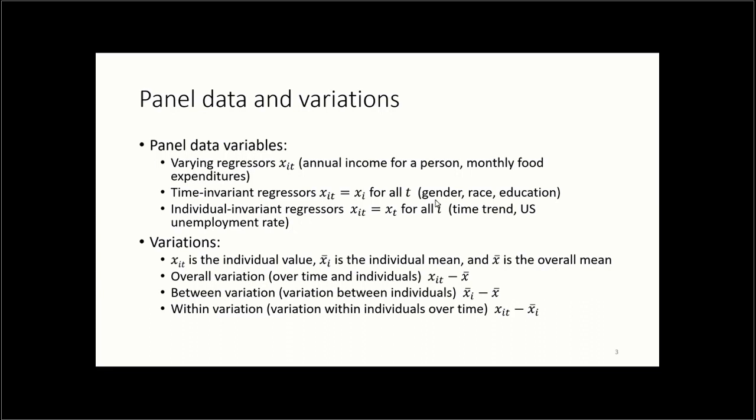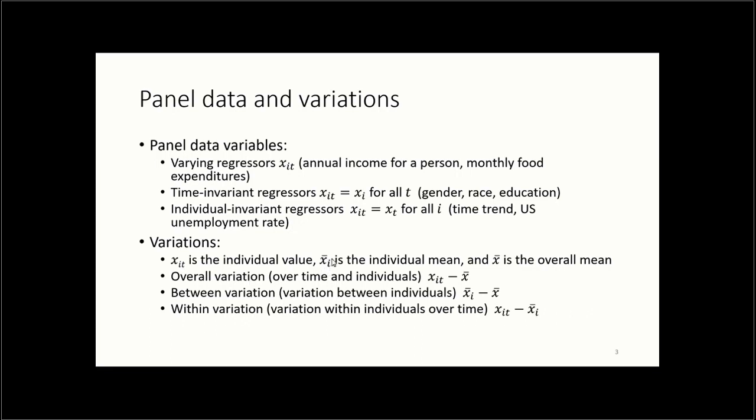Okay, so now let's define different variations that we have. First of all, x_it would be the individual value. x_i bar would be the individual mean, and x bar would be the overall mean. So in this case, x_it would be varying for each individual and each time period.